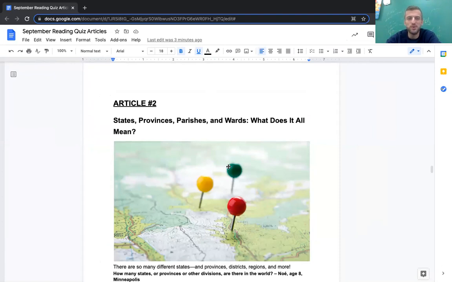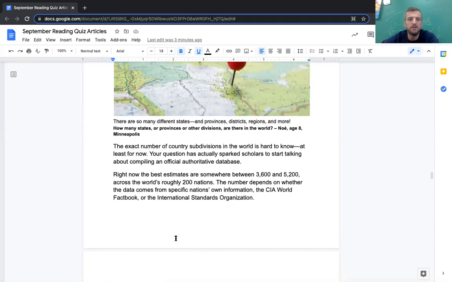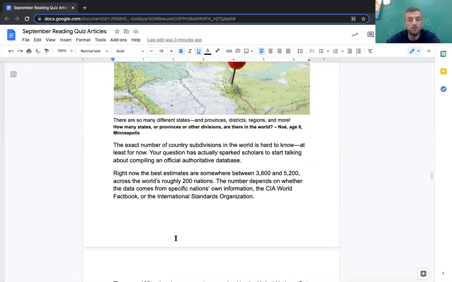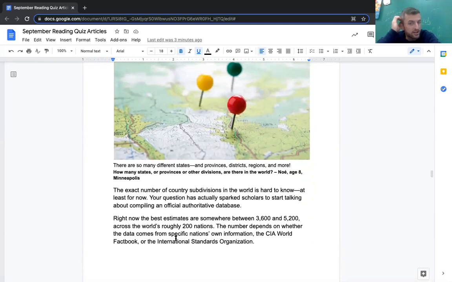Article 2. States, provinces, parishes, and wards. Oh my, what does it all mean? The exact number of country subdivisions in the world is hard to know, at least for now. Your question has actually sparked scholars to start talking about compiling an official authoritative database.